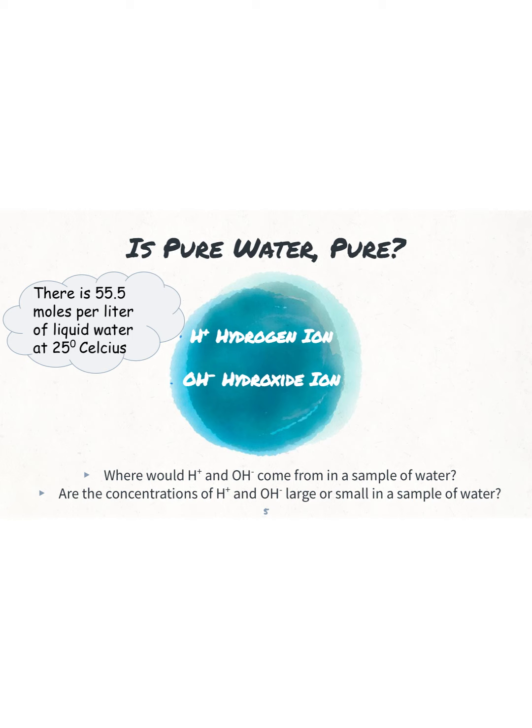The fraction that is actually breaking up into hydrogen ion and hydroxide is, once again, extremely small. But it is a process that happens, and it happens automatically. So we refer to this as autoionization of water.